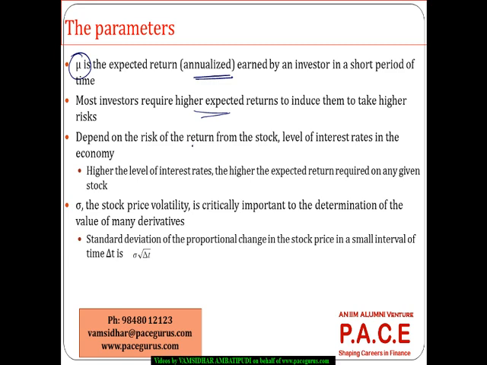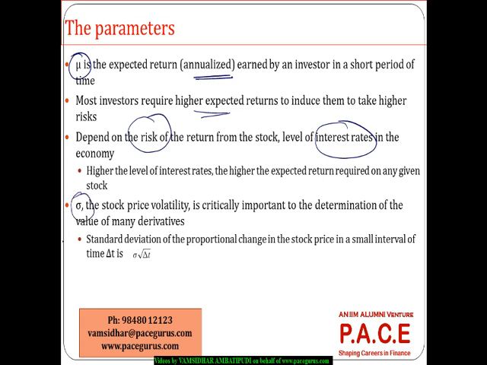At the same time, mu is very much dependent on the risk level of the stock along with the interest rates in the economy, because the higher the interest rate, the higher the expected return from the stock as well. So mu is dependent on those different values.